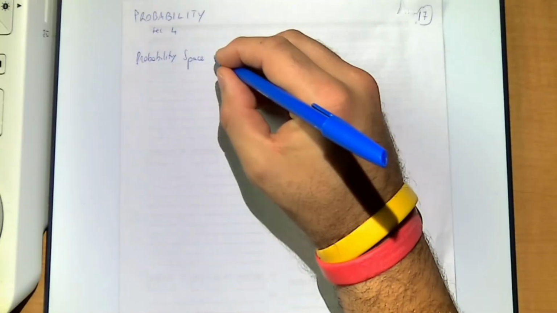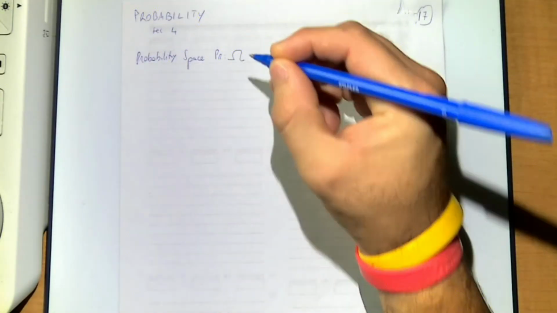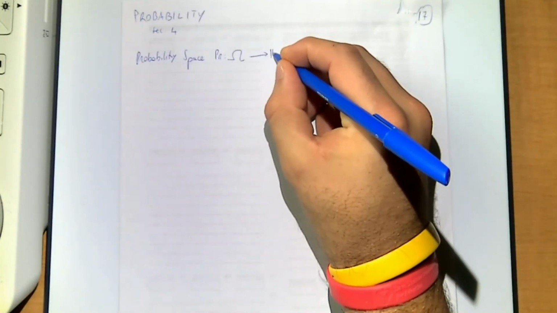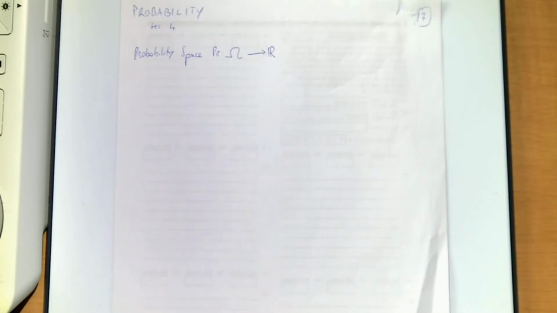Then we have a probability function that takes these outcomes and assigns them a probability value. So we say in general that this goes into R, and a certain outcome happens with a certain probability. It's going to be a real number.